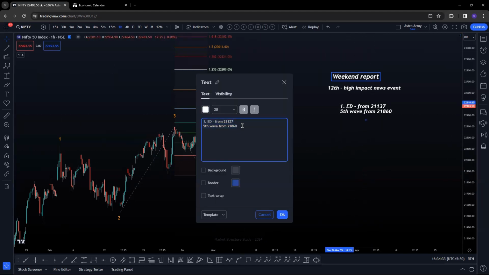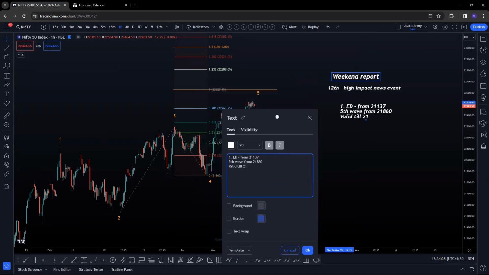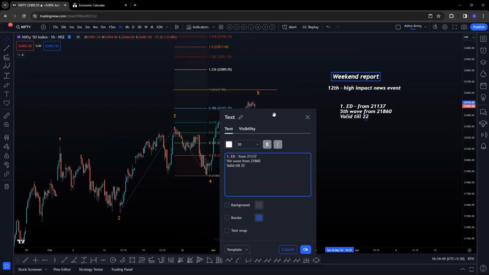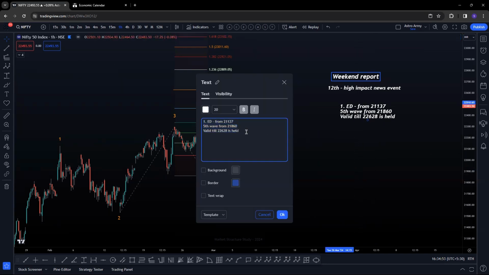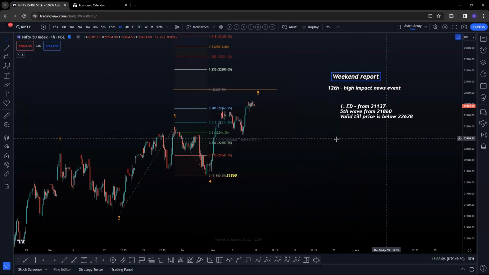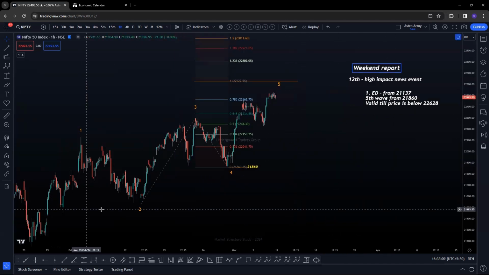Valid till 22,627, 628. Till the price is below 22,627, your ending diagonal is valid.